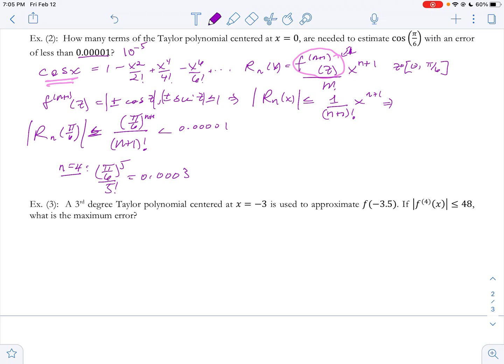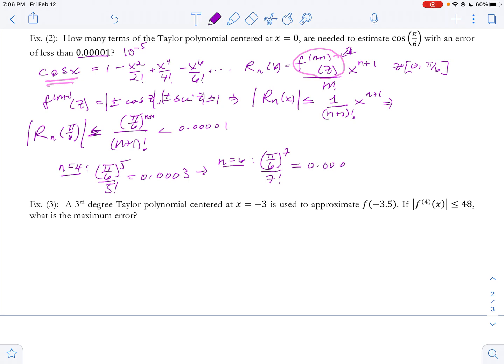Let's go to n equals 6. I think that's a good jump because we skip terms, right? We don't actually have a 5th degree Taylor polynomial for cosine, so we should try n equals 6. When I plug in my 6, I get pi over 6 to the 7th over 7 factorial. And when I put that into my calculator, I get 0.123452.